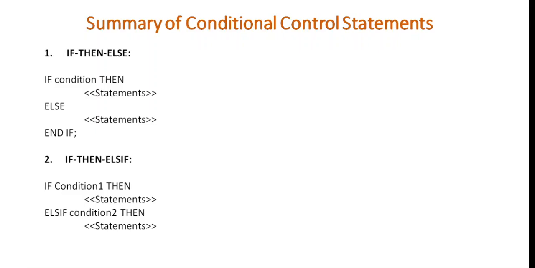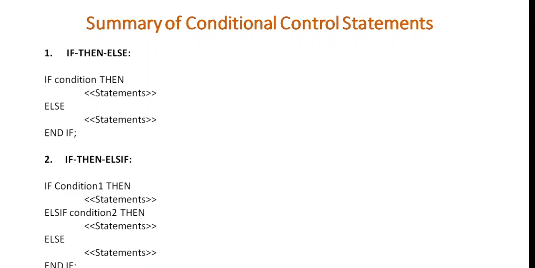If condition 1 is false, then it will go to the ELSIF condition, condition 2, and check the second condition. If that condition is true, then the corresponding statements will get executed. If that condition is also false, then it will enter the ELSE section, and the statements written inside the ELSE will get executed, and then END IF.